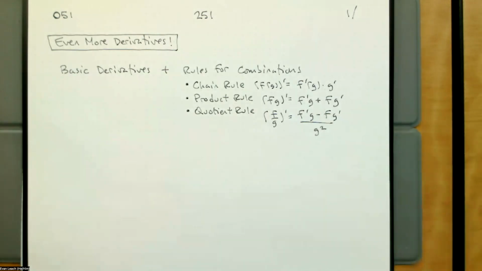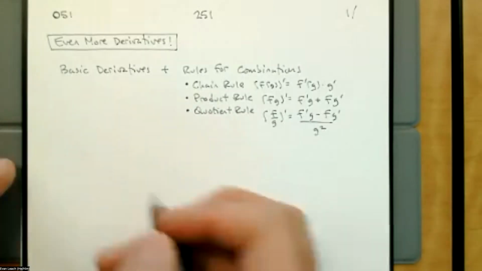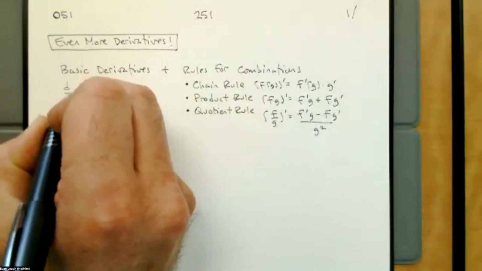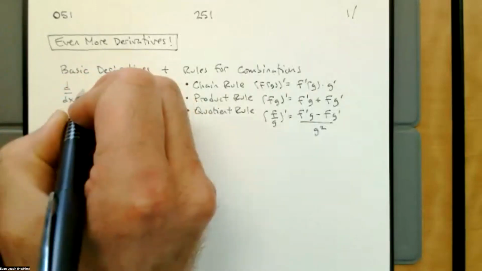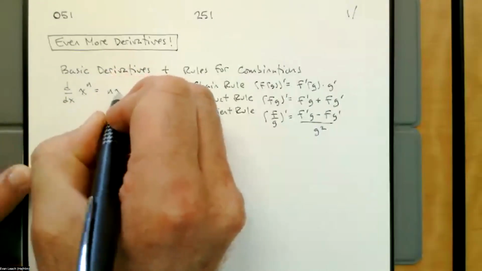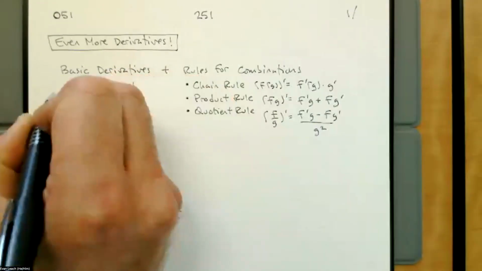All right, let's go over our basic derivatives because we're going to add to that today, and then we'll just do some practice. So in our basic derivatives, we've got the derivative of a power of x is nx to the n minus 1.